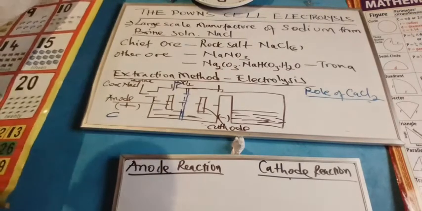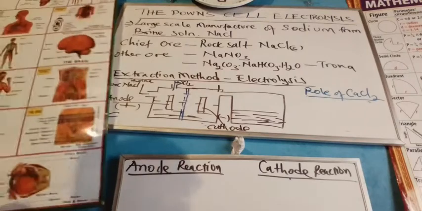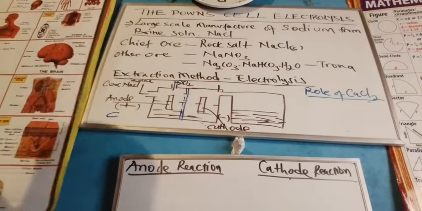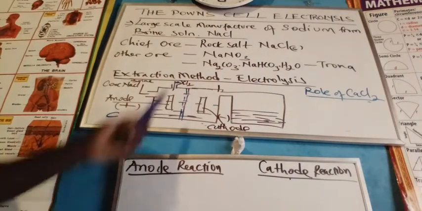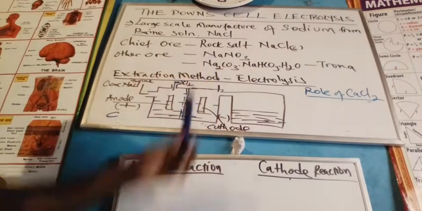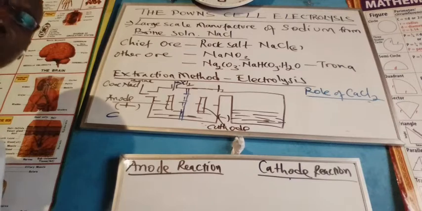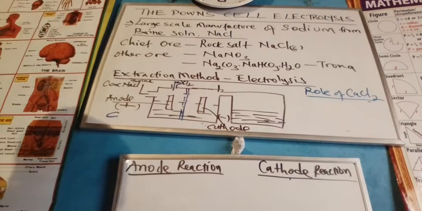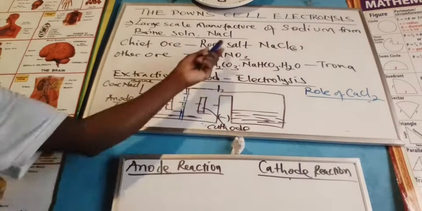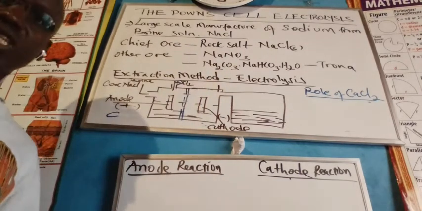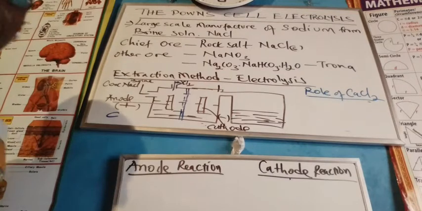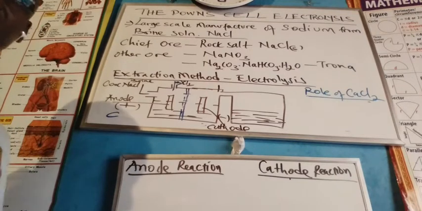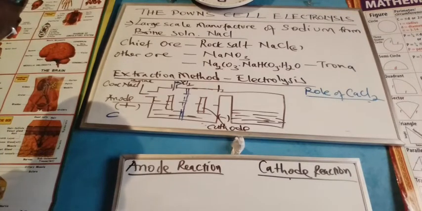Now, when you look at sodium, sodium has a main ore known as rock salt. Rock salt is crystalline sodium chloride. There are other ores, namely sodium nitrate and trona, which is sodium bicarbonate. To be able to extract sodium from rock salt, we need to concentrate the rock salt by melting it so that it can be used as an electrolyte.